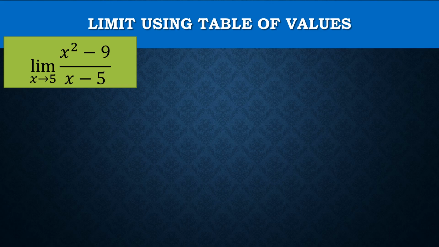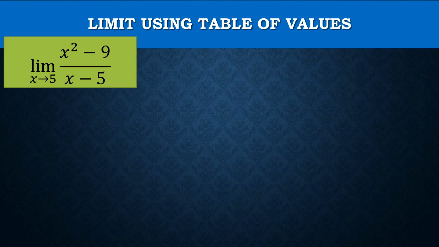So, kung undefined yung magiging limit ng function using direct substitution, the limit is unbounded. Ibig sabihin, meron dalawang limit. Isang limit na nasa left hand, isang limit naman na nasa right hand ng function. It is unbounded if the limit of your function using direct substitution becomes undefined.